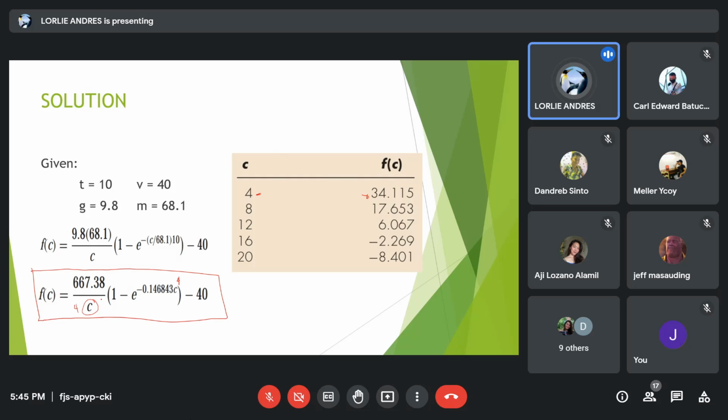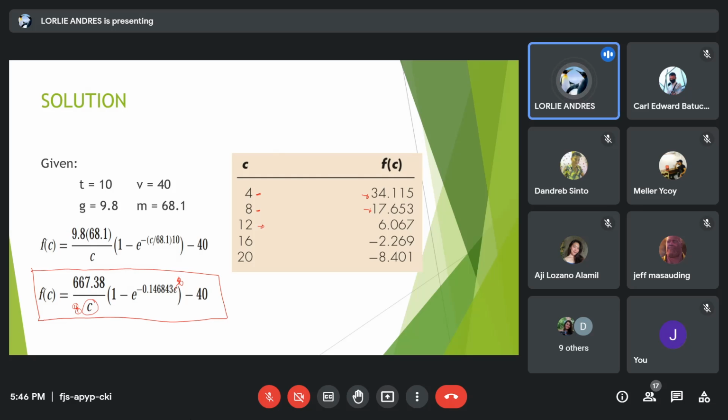If you calculate using the calculator, this is equivalent to 34.115. And then if the value of your C is 8, meaning this C here is equivalent to 8, when you substitute 8 for your C, then it will give you a value which is 17.653.